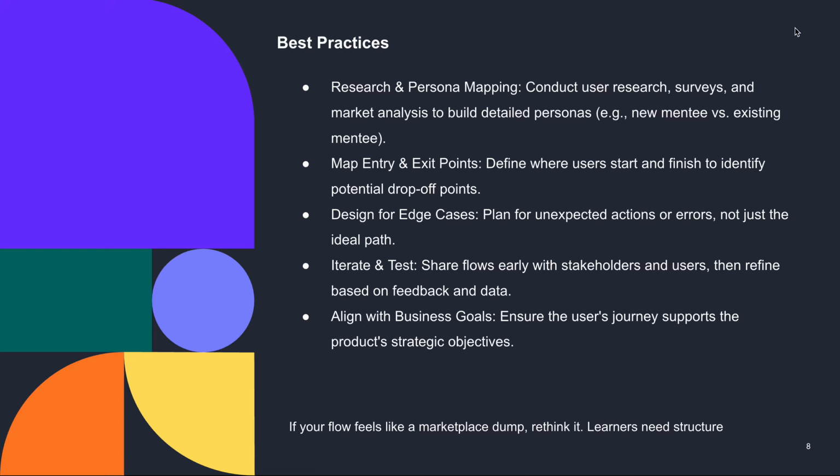If that is not happening, that means you're not doing a good job as a PM, right? So always ensure the user's journey supports the product's strategic objectives. Basically, if your flow feels like a marketplace dump, I think this was from the other slide, but I repeated it.